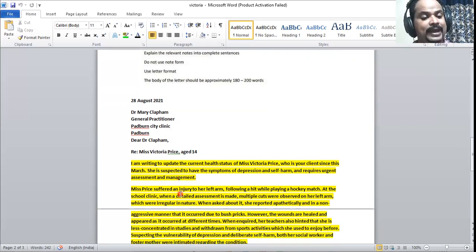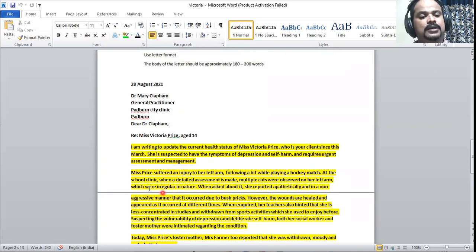Now let's go ahead. The purpose is clear. Ms. Price suffered an injury to her left arm following a hit while playing a hockey match. So I have found some problems here.